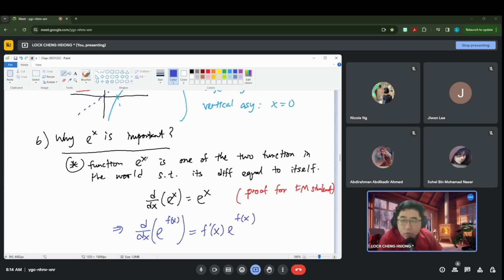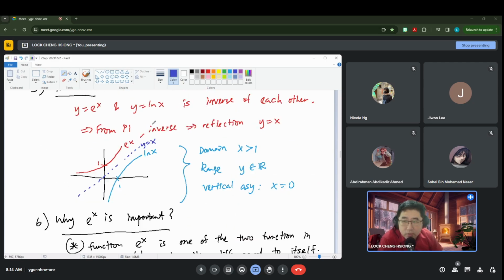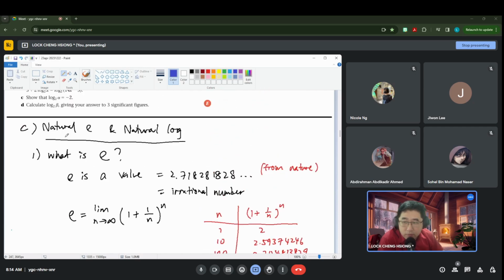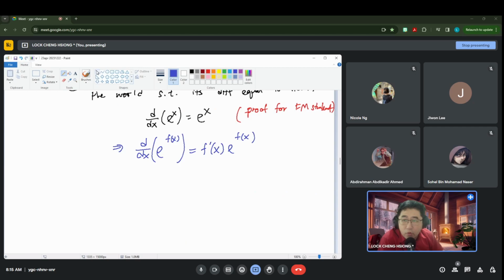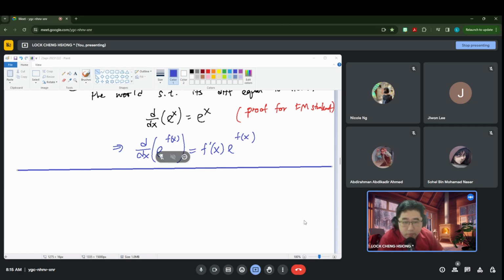So this is section C, natural e and natural log. For algebra purposes, let's look at some questions. Let me try to extract some questions.